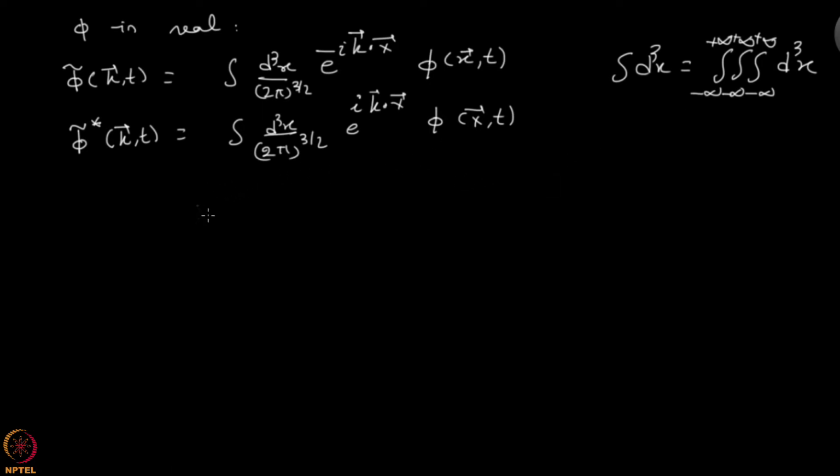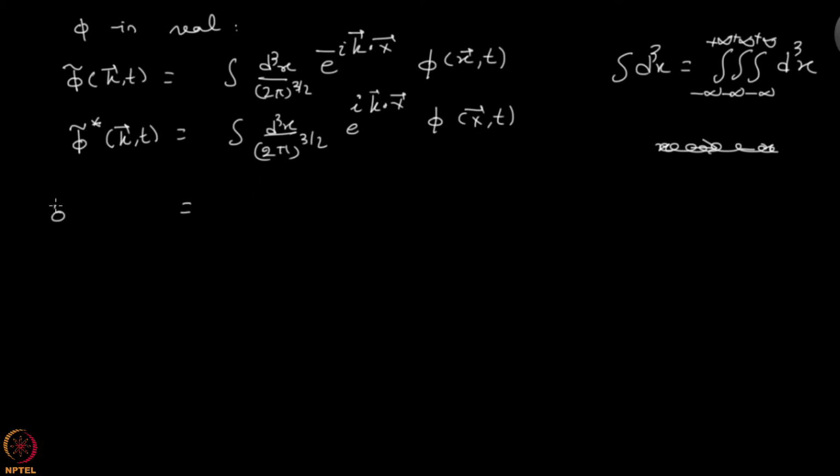So anyway, let me change from x to minus x. Sorry, that's not what I want to do. I'm sorry. So what I want to do is I want to change k to minus k.